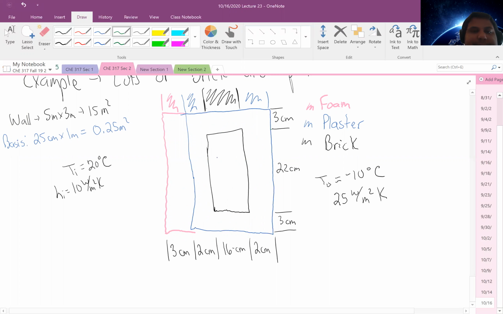what I have is resistance on the inside due to convection, another resistance here due to the foam layer, a resistance in this plaster layer, and then since my repeat unit is only 2 materials, it would be these 2 material resistances, another plaster layer, and then the outside heat transfer resistance. And so I'll move this to make it easier to see.